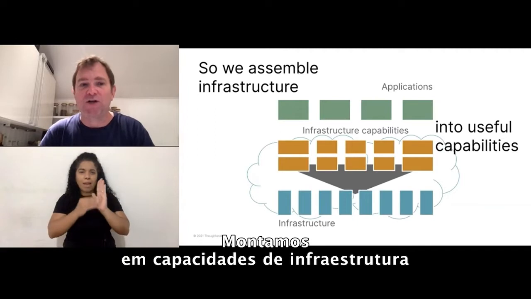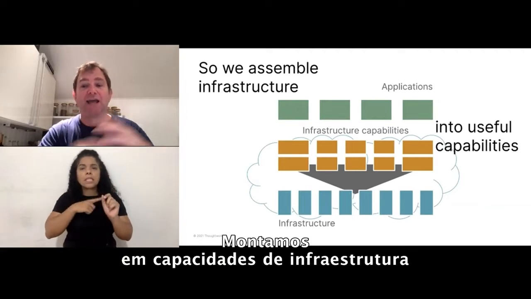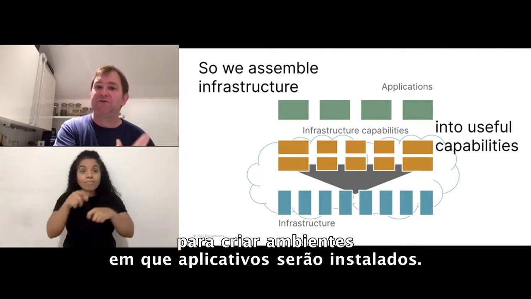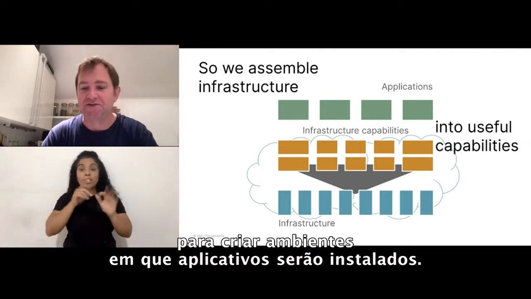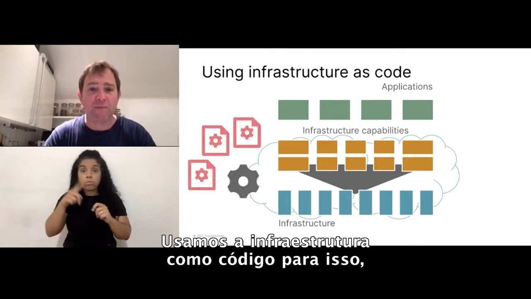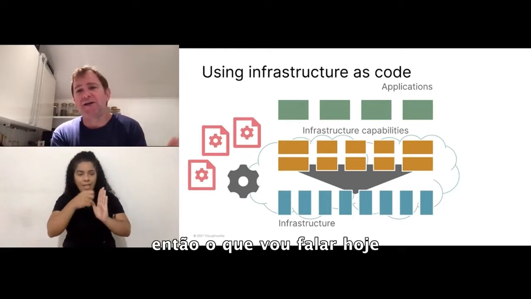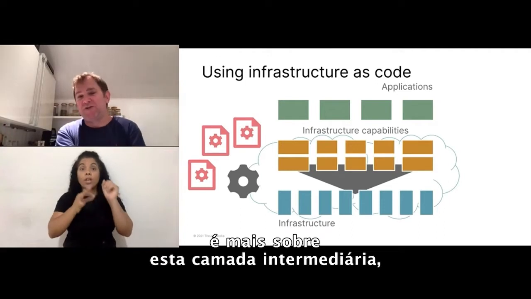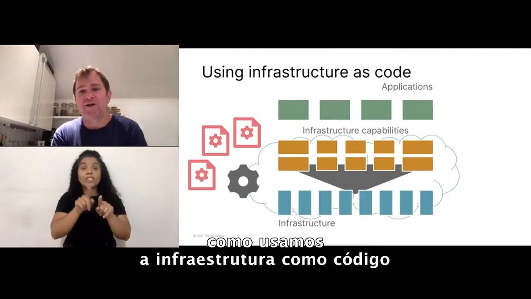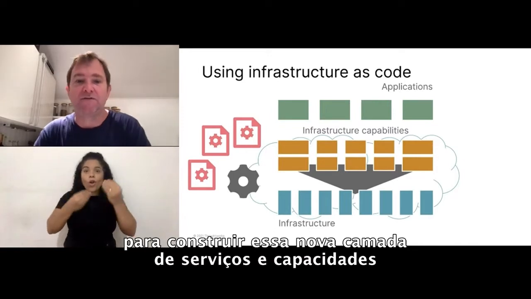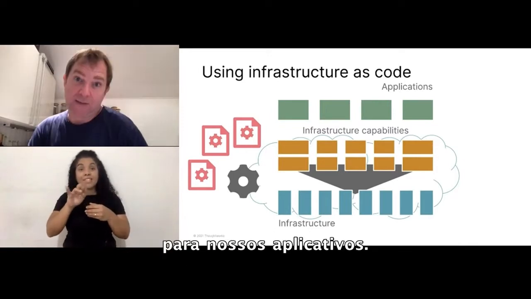We assemble those into infrastructure capabilities that can then be used by applications, that we can use to create environments to deploy applications into. And we use infrastructure as code to do that. So what I'm mostly focusing on today is this middle layer: how do we use infrastructure as code to build this middle layer of services and capabilities for our applications.